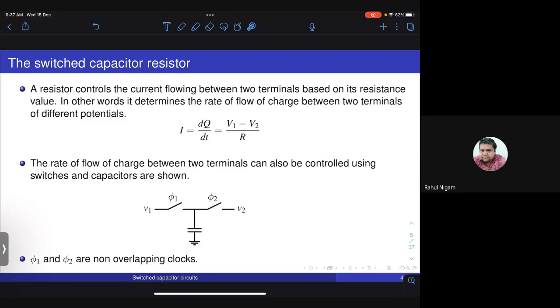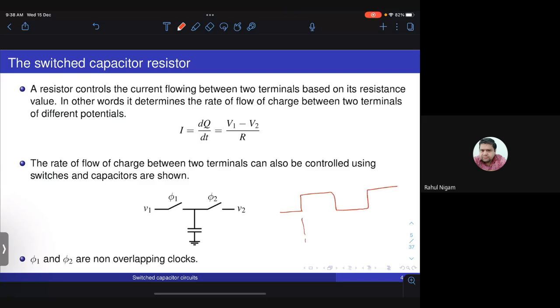Here phi 1 and phi 2 are non-overlapping clocks. When I say non-overlapping clocks, essentially it means that there is no period of time at which both phi 1 and phi 2 are high.